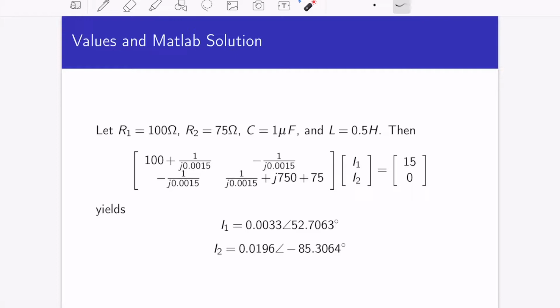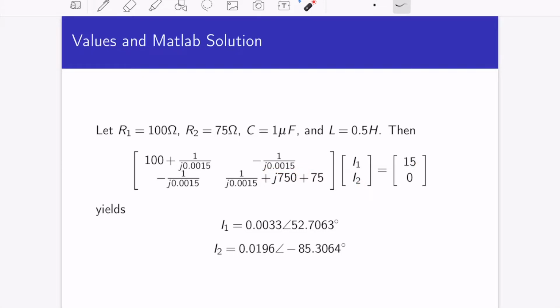Rewriting the equations and putting them in a matrix notation gives us, and I will just remind you how this works, 100 plus 1 over j times 0.0015 times I1 minus 1 over j times 0.0015 times I2 is equal to 15.